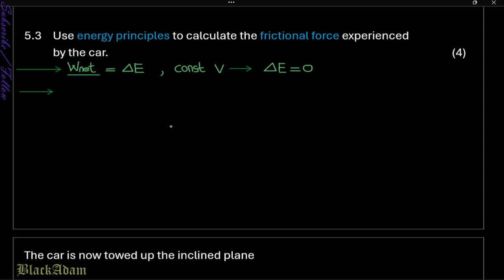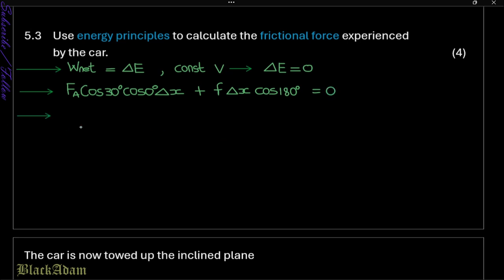And we have the net work there. So the net work is going to be the applied force times cos 30 degrees, that's the horizontal component of F_A, multiplied by the displacement Δx, plus the frictional force times Δx times cos 180 degrees for the opposite direction, equals 0.